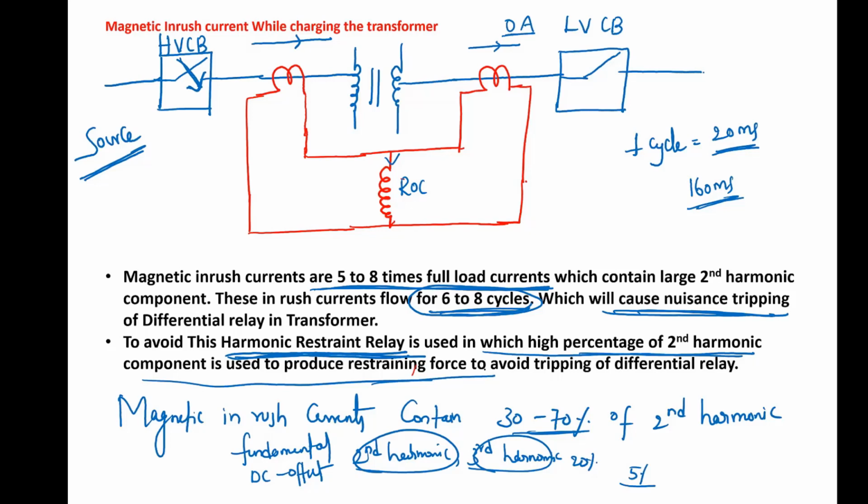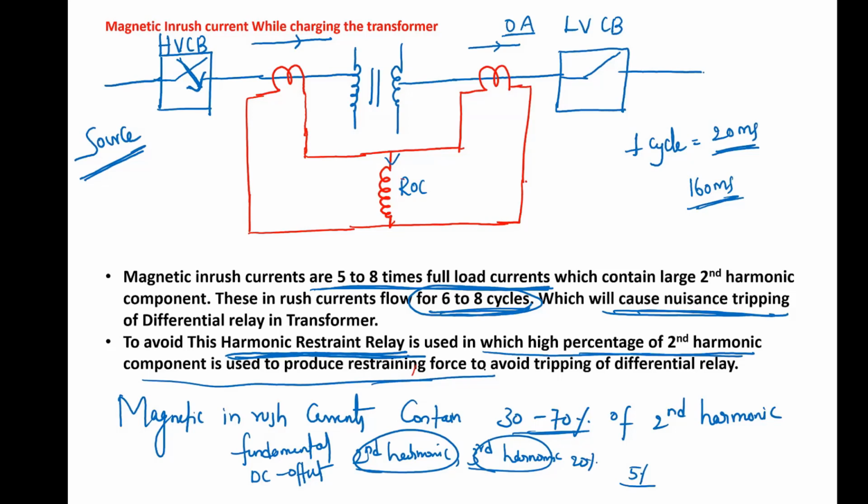The second important point is that normal fault currents contain very little second harmonic component, a negligible component. So that is the trick that helps us differentiate between magnetic inrush currents and fault currents. In fault currents there is no second harmonic component.